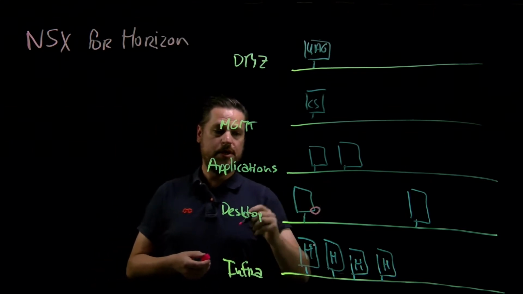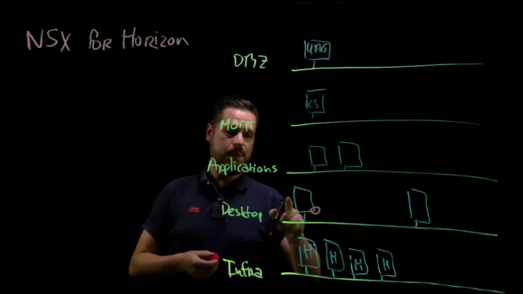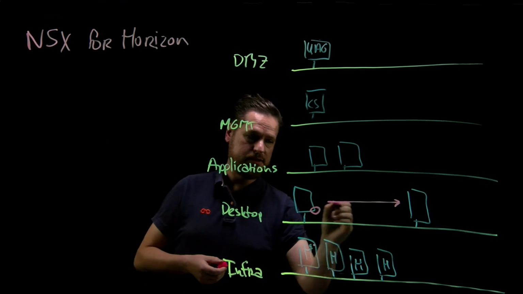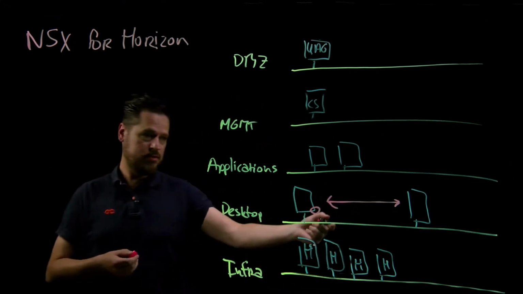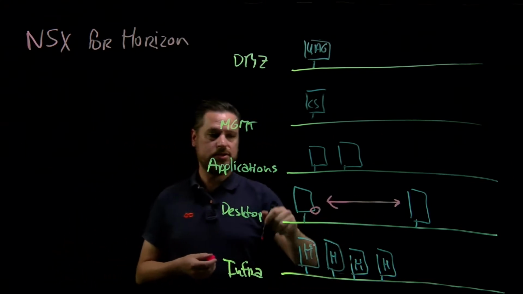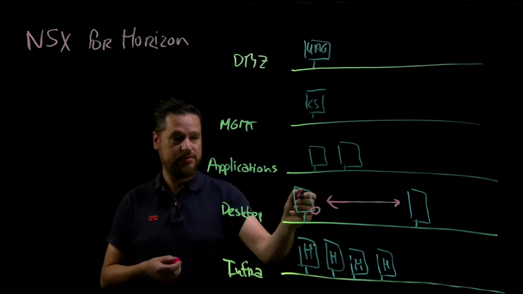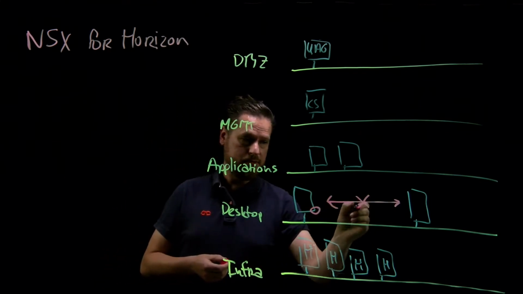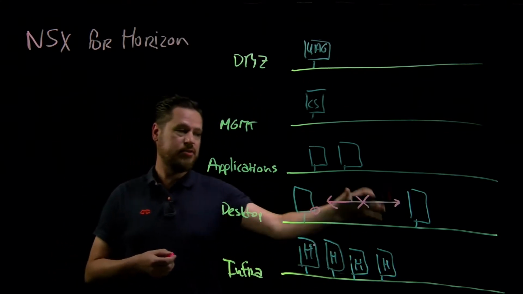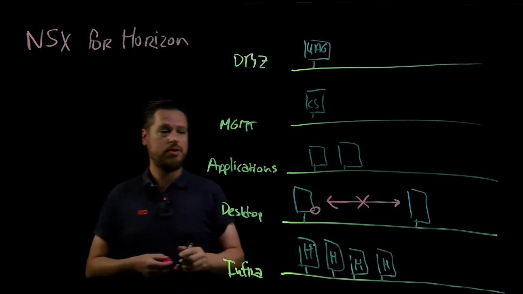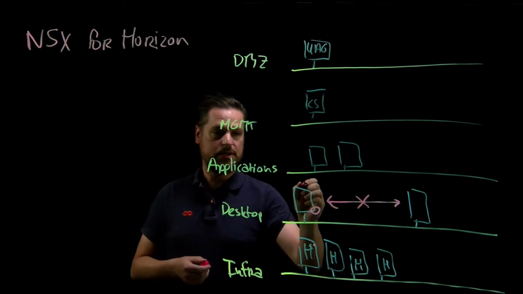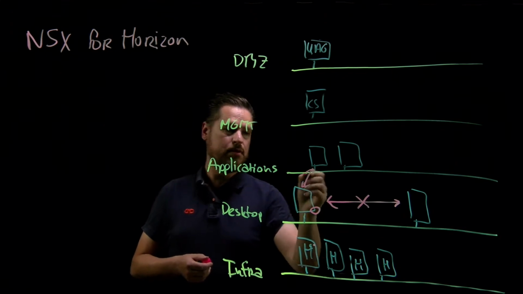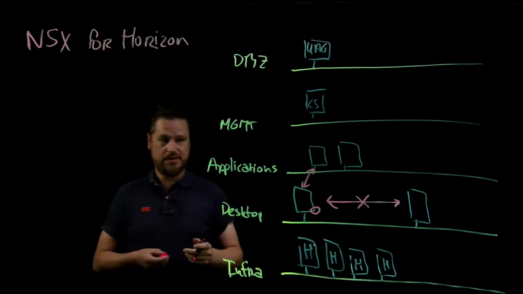For example, we disallow the east to west inter virtual desktop communication, so that the user that is logged onto that virtual desktop cannot connect to other desktops in the same networking, but that user can connect to the certain application service that they want to use.